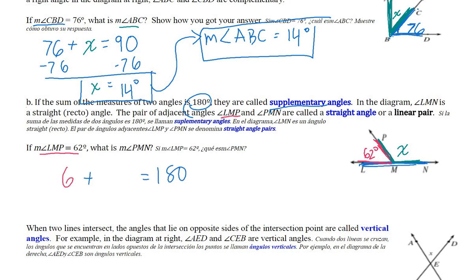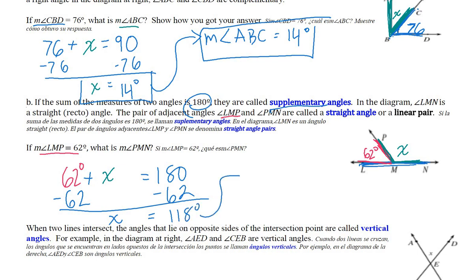So I have 62 degrees plus X equals 180. And I'll subtract 62 from both sides, which gets me X is equal to 118 degrees. Therefore, the measure of angle PMN is 118 degrees.